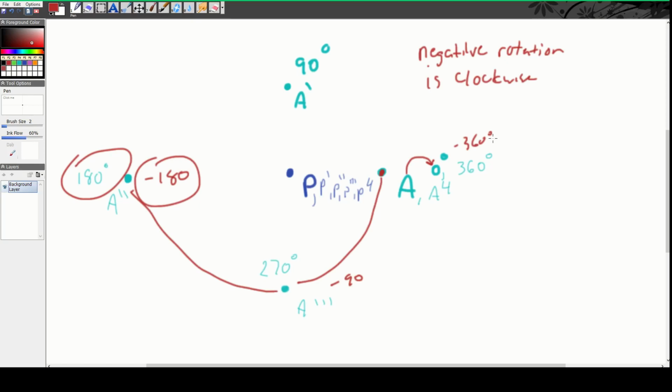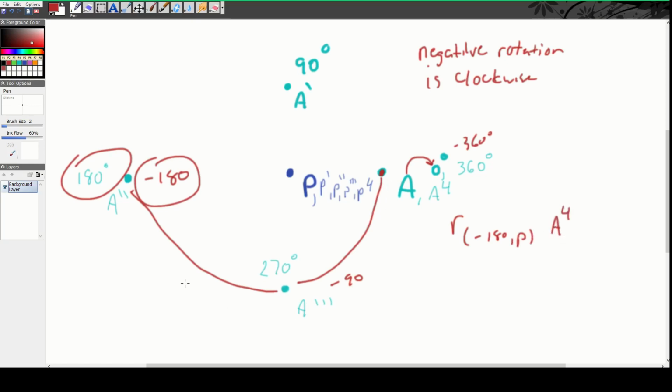That's why I said earlier, multiples of 180, can be positive or negative, will land at the same point. Is that particularly helpful in solving these problems? No. But if you've already done the work and you can show me, like I did in this example, that A double prime is at 180 degrees, let's say from A to the fourth at 360 degrees, I asked you then to rotate negative 180 degrees around point P, the point A to the fourth.